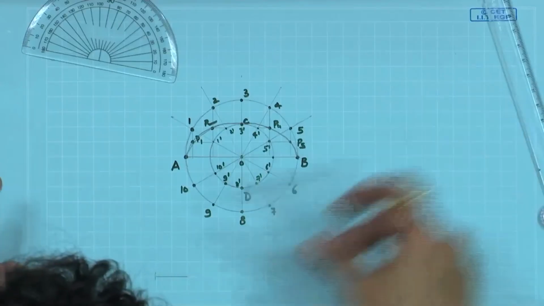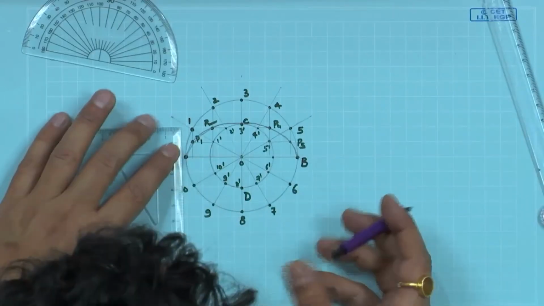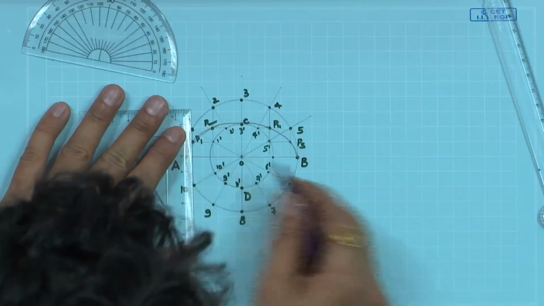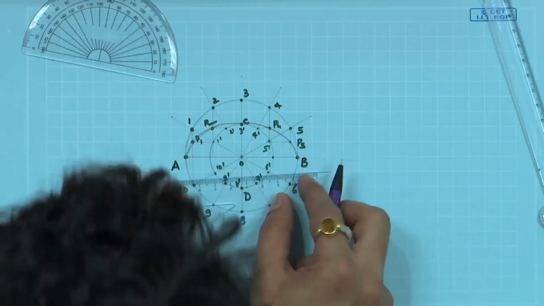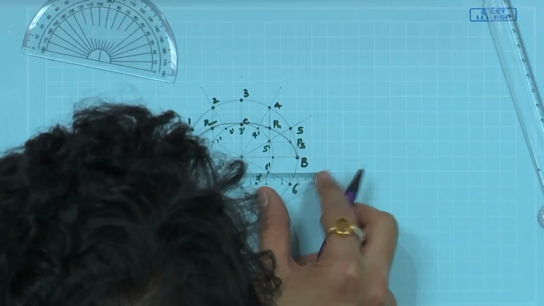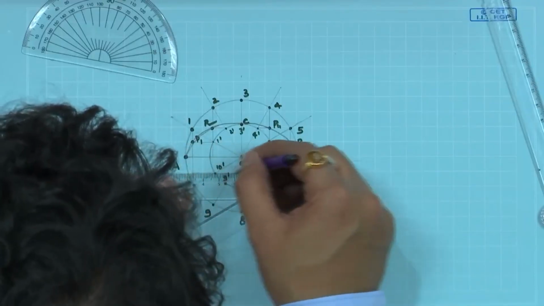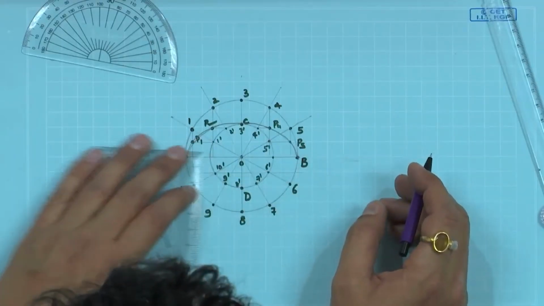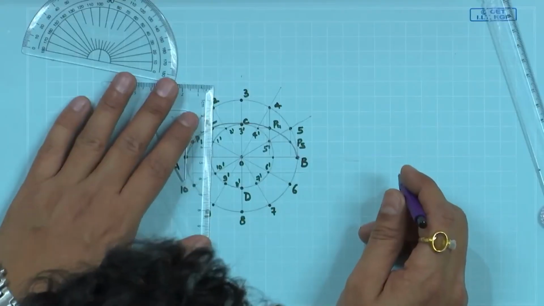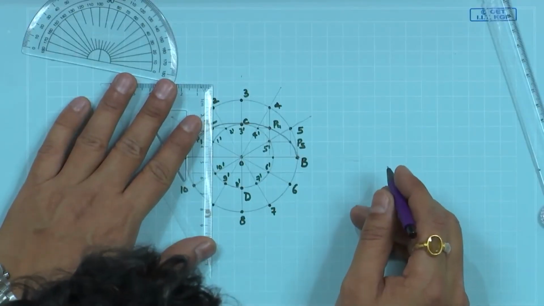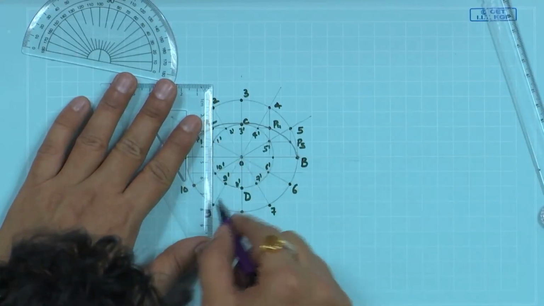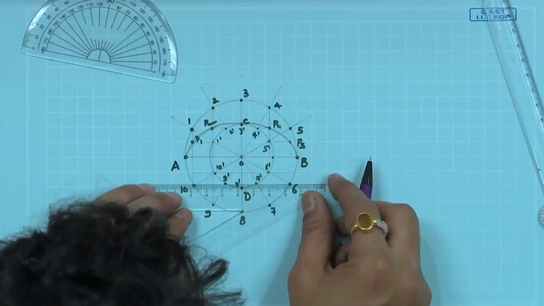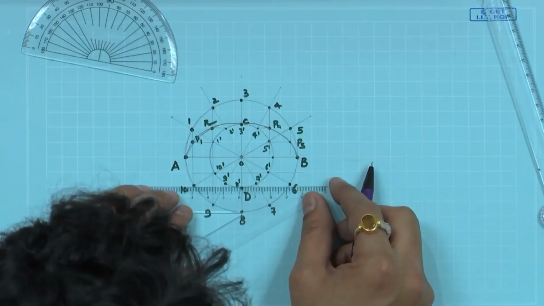Let us construct those. So, 1 and 10 points are on the same line, and 10 we have to extend it. Similarly, 2 and 9 points are on the same line, extend this 9 and 7 also in the horizontal plane.